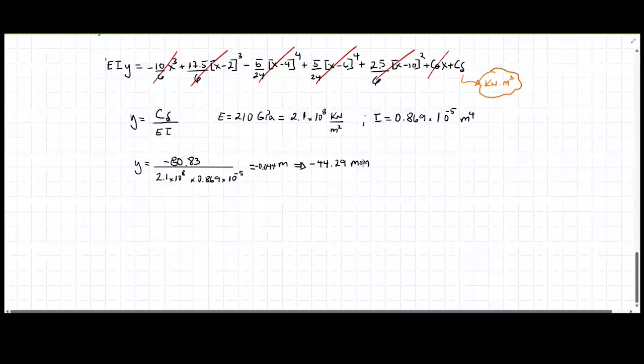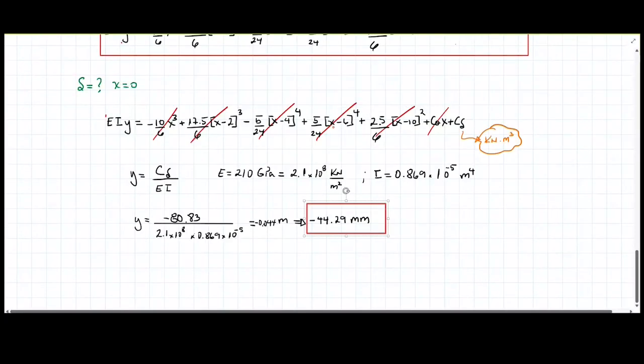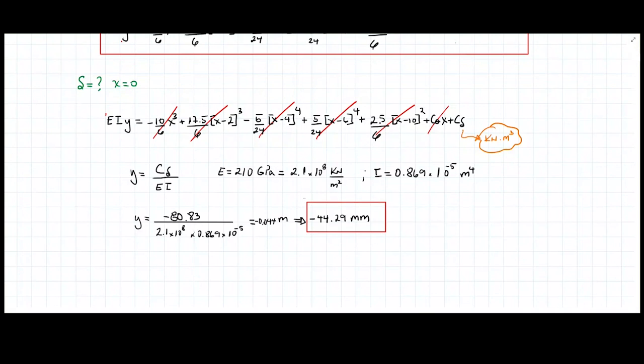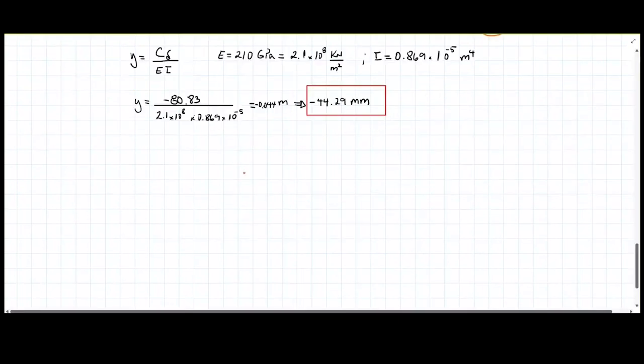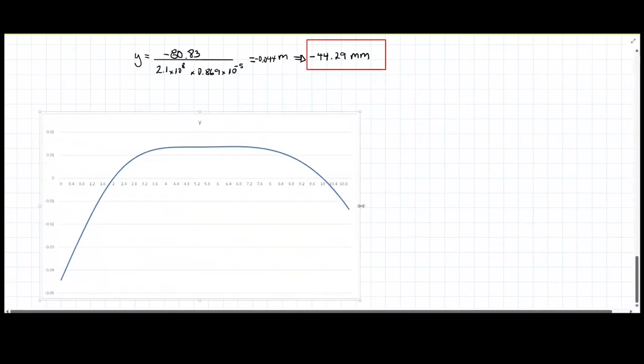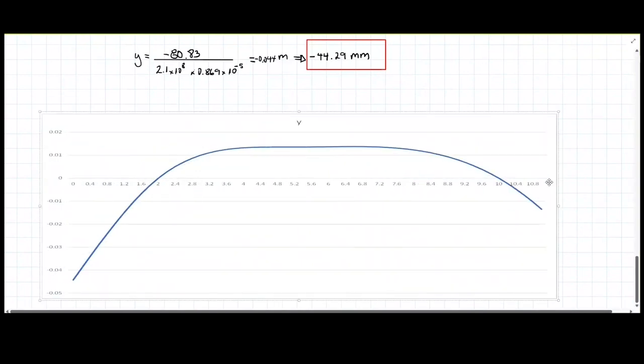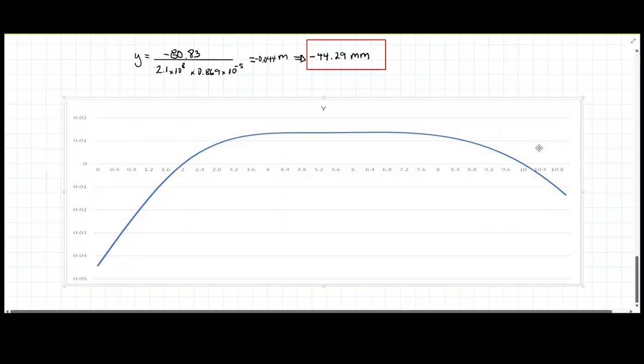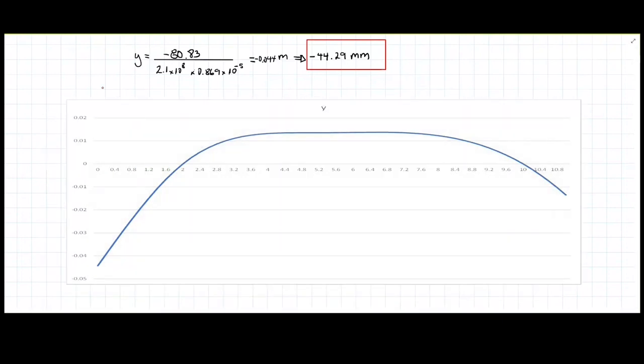And then that's the deformation there. Now I took the time and put this formula in Excel, just a simple Excel, and it gave me something like this. Look at this. So this is the maximum deformation, obviously.